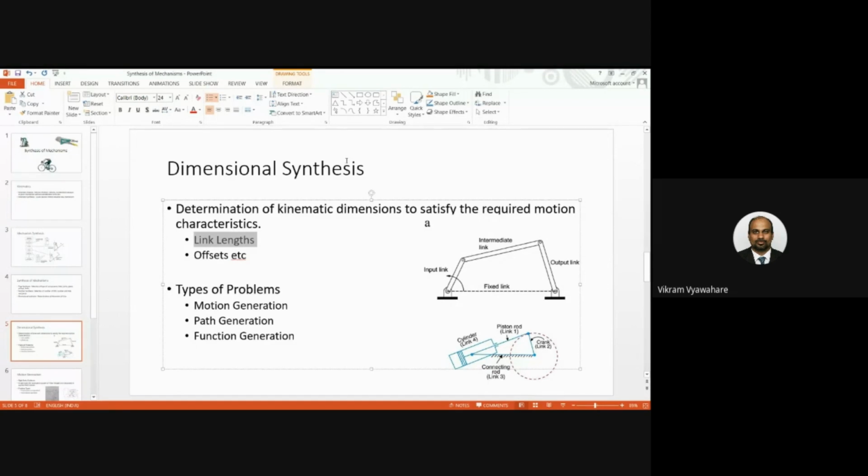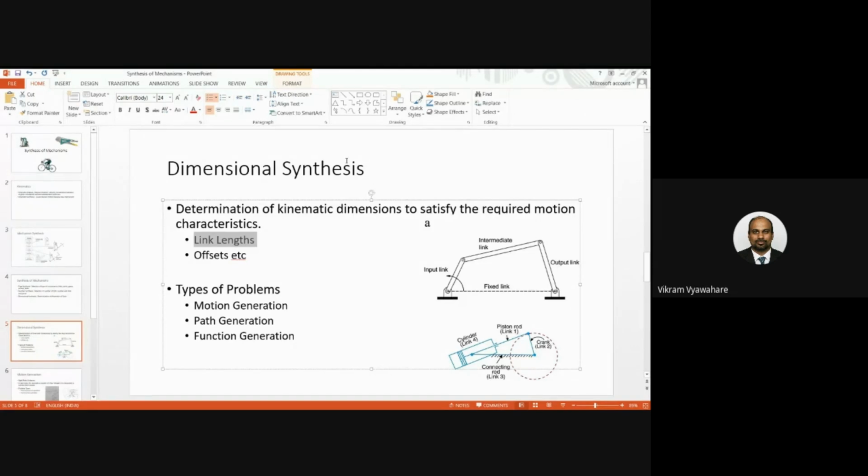We are not going to select the mechanism. The mechanism will be given; in this problem, the type of mechanism will already be known. What we are going to do is find out the lengths that will cause the required motion. So what are the types of problems in dimensional synthesis?